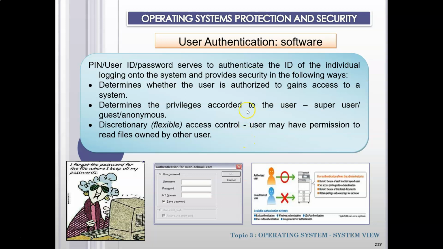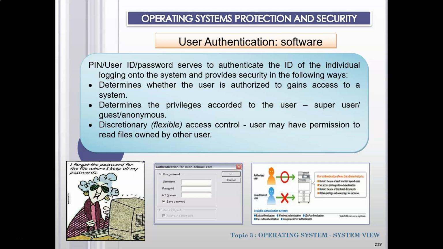This one I mentioned just now, the difference between administrator and normal user. Normal user we can consider as guest or anonymous. Super user we can imagine as the administrator account, which will get more privilege compared to guest.